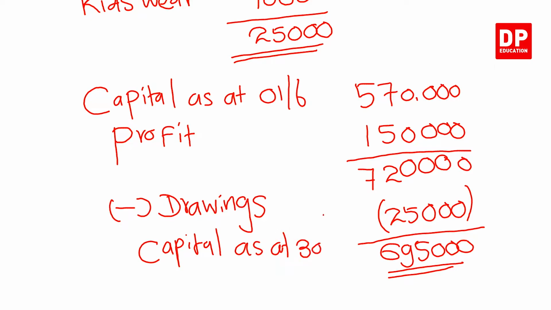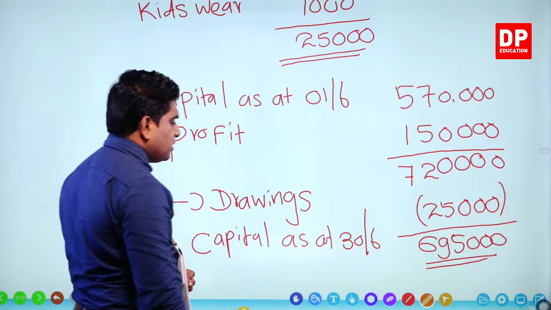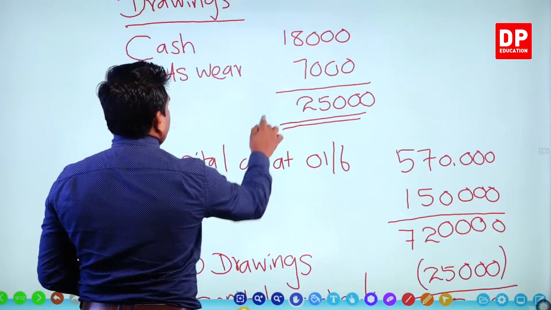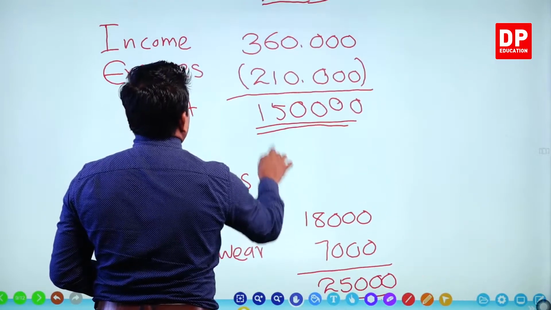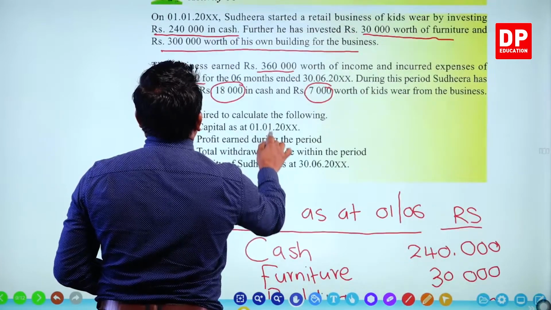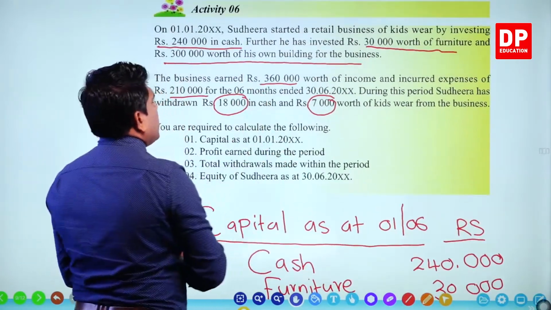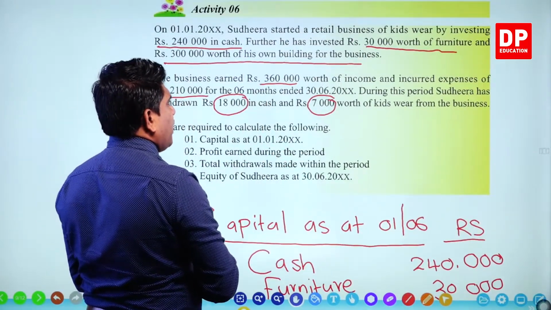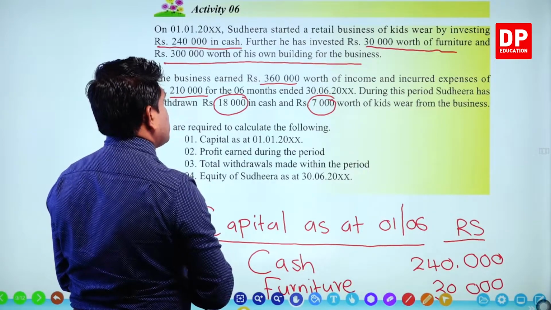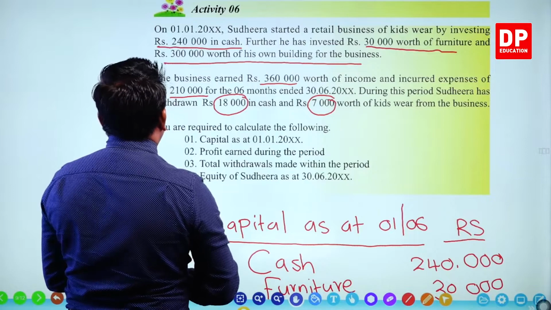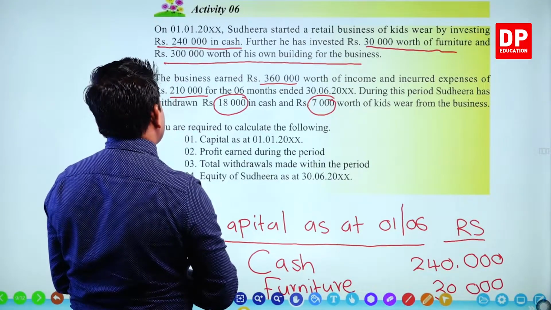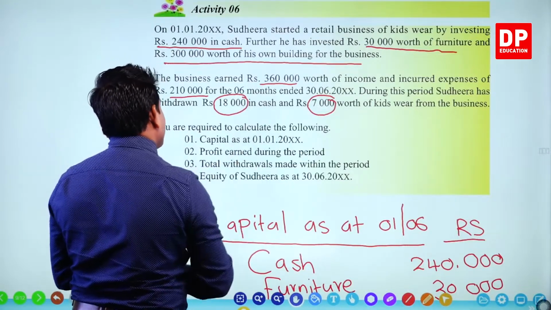Now again I'll revise all the answers that we have found. The question is this. Sudhir started the retail business of kidswear by investing 240,000 in cash. Further, he has invested 30,000 worth of furniture and 300,000 worth of building for the business, his own building, right?